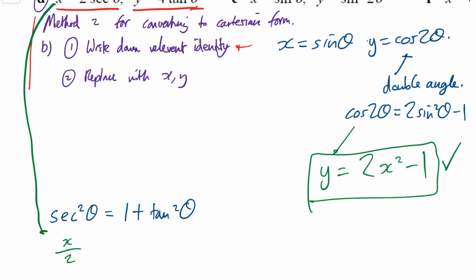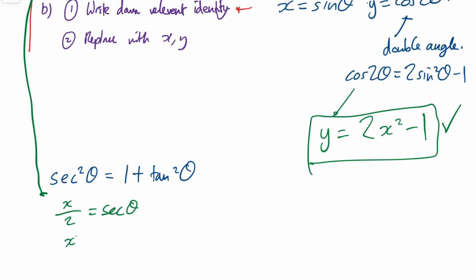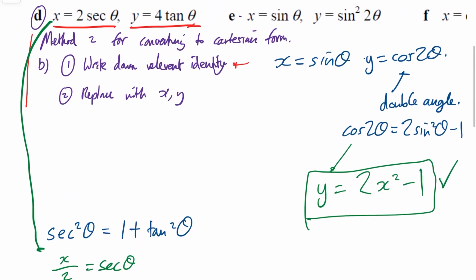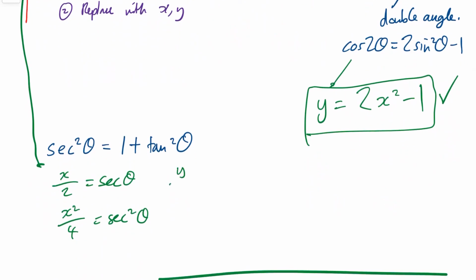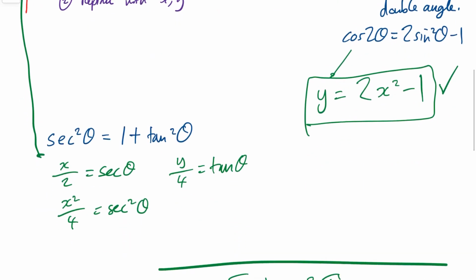This says x divided by 2 is equal to sec theta, and then x squared over 4 equals sec squared theta. And taking the 4 tan theta, we can go y over 4 equals tan theta, and then we can say y squared over 16 equals tan squared theta.